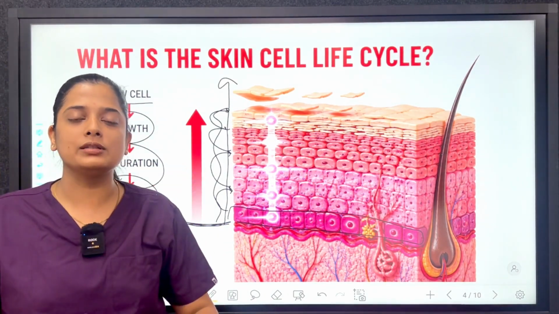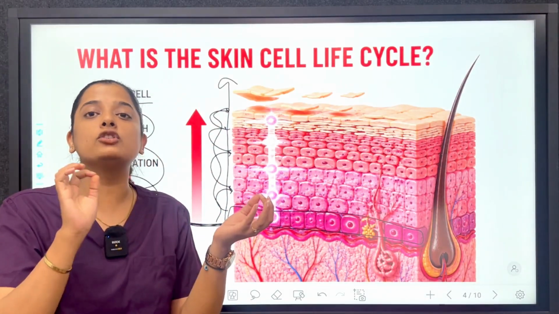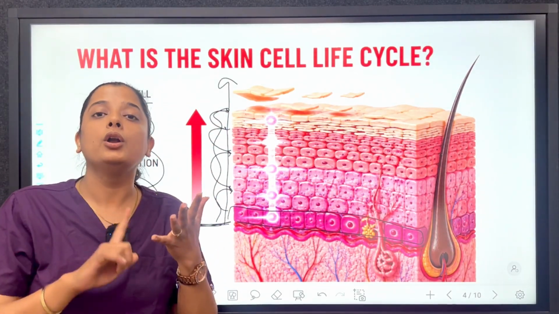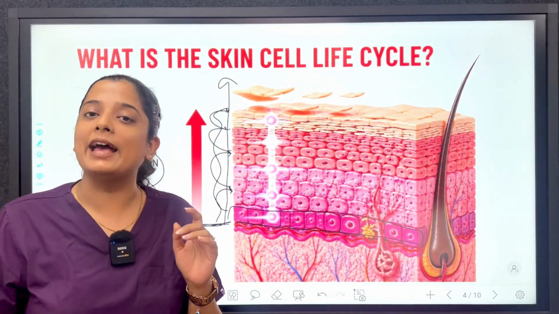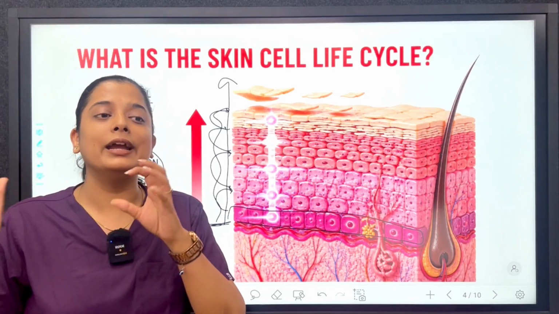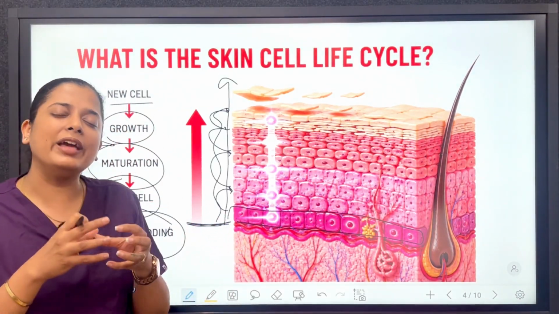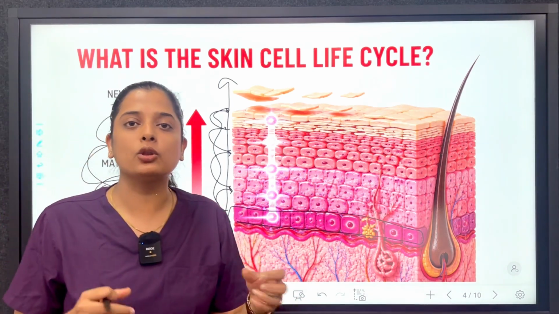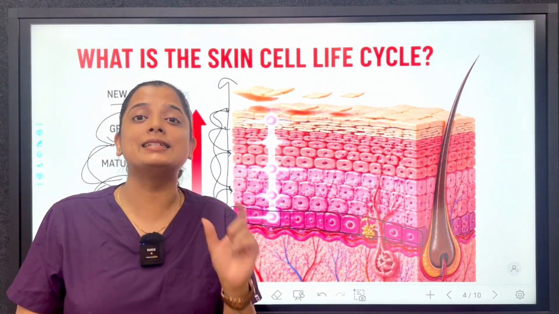So this whole process from a new cell to the shedding is a complete cycle which goes from somewhere around 28 days to 30 days to even 60 days as well. Now, how long it takes depends on the age factor as well. When you are very young, say a 6-month or 1-year-old baby, your skin cycle is approximately 6 days.